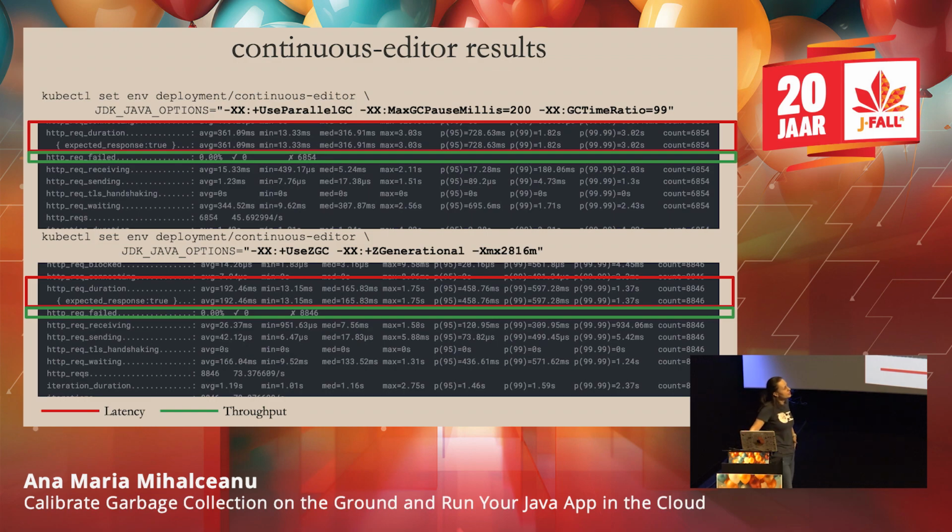In terms of ZGC, the throughput consistently gave me a great throughput, while of course the latency is worse than the initial one I had in my average. However, it is almost half compared to parallel. So for the continuous editor in the long term, ZGC gives me better results, while for the other one, parallel GC was the lucky winner.